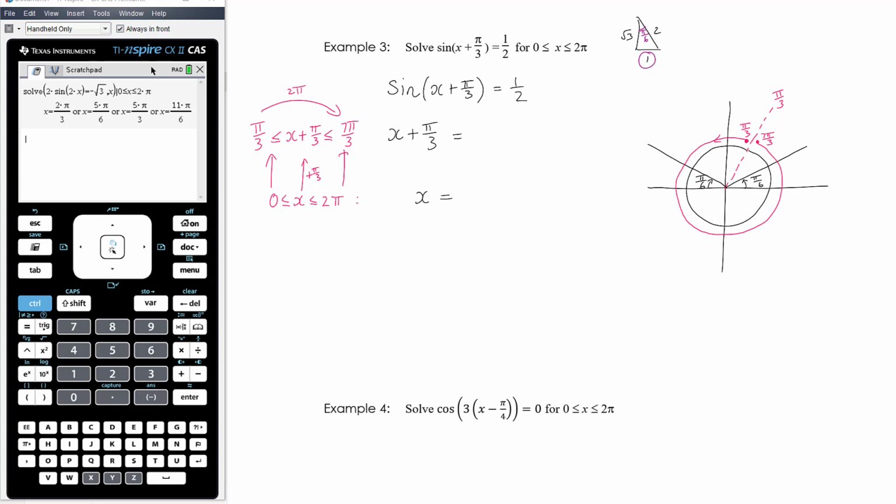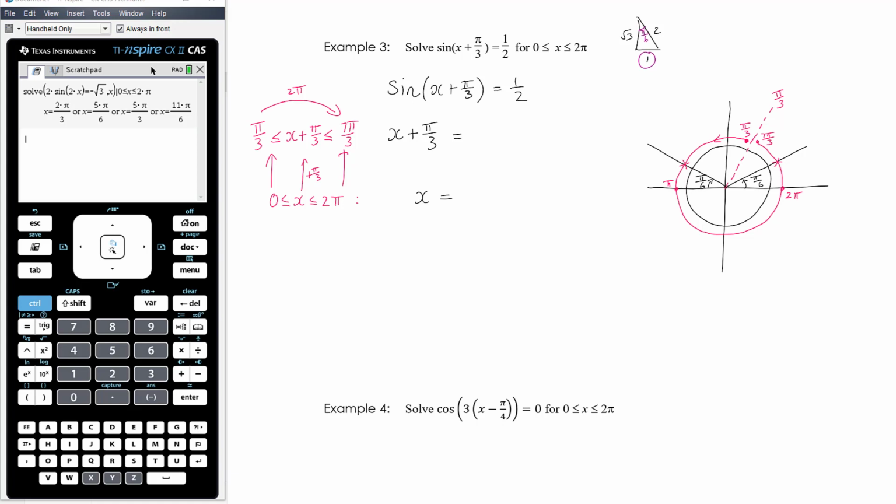Now that's important because if we're not doing a lap from 0 to 2 pi, pi on 6 isn't a solution. We're not interested in pi on 6, we're interested in this solution here, which is pi minus pi on 6, and this solution around here, which in this domain is 2 pi plus pi on 6.